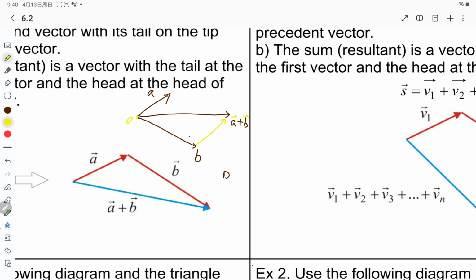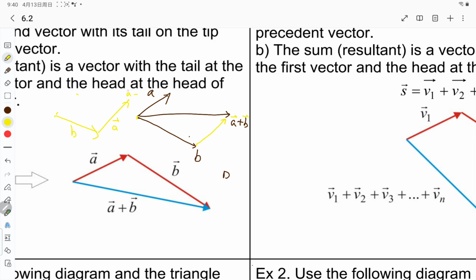So if starting out A and B look like this, and you forgot what A plus B is, you can move one of the vectors in parallel to here, right? So then A plus B just becomes, yeah, we just travel along the arrow, where the head of the arrow meets the end of the other vector, okay?